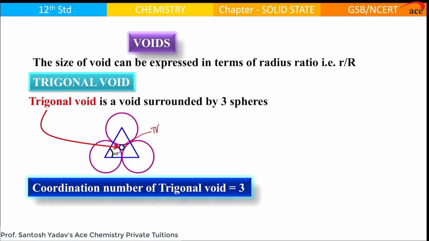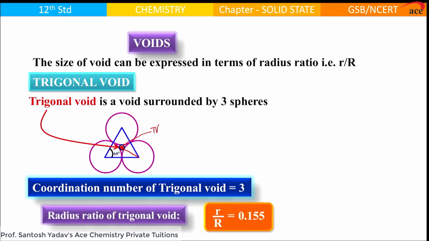If you use trigonometry to find the size of that trigonal void and compare it with the size of the sphere which makes up the void, the radius ratio has been calculated as 0.155 for a trigonal void.